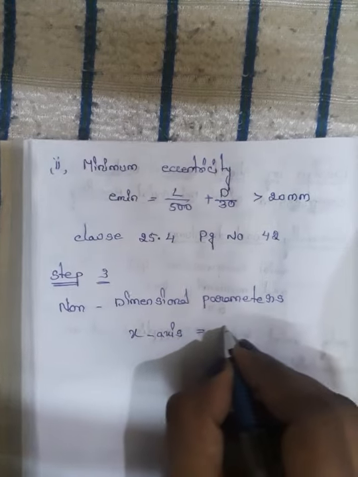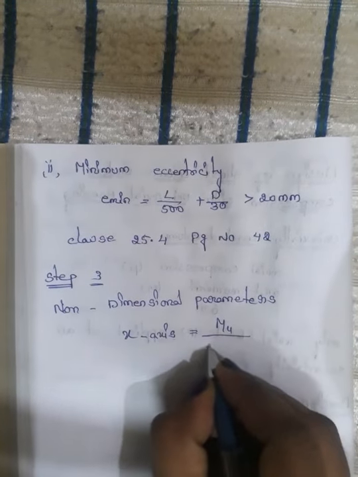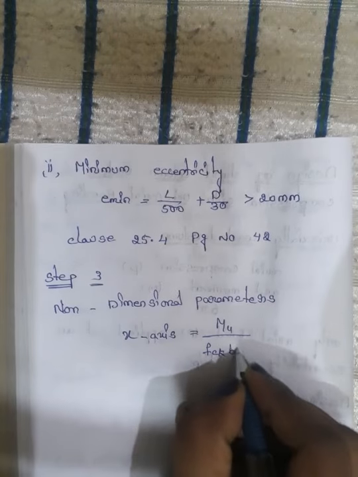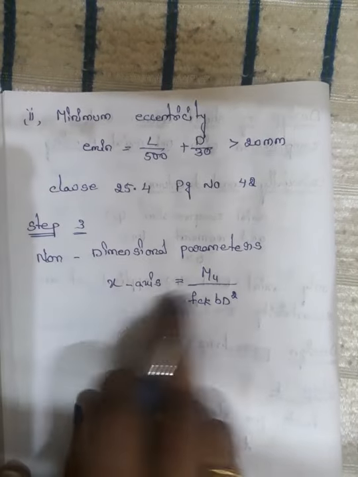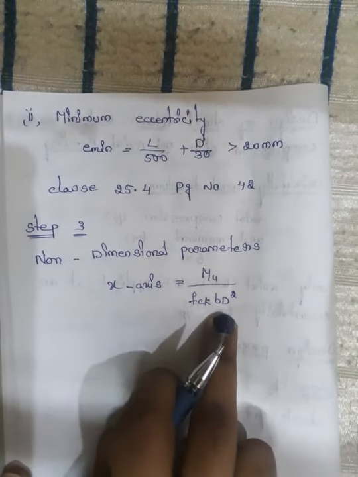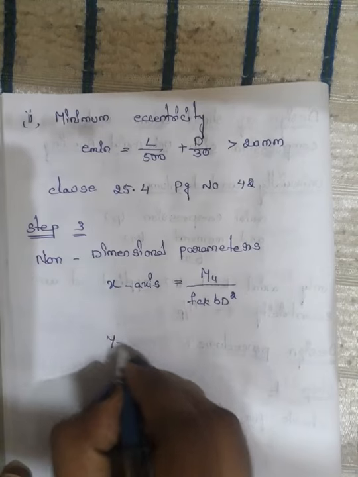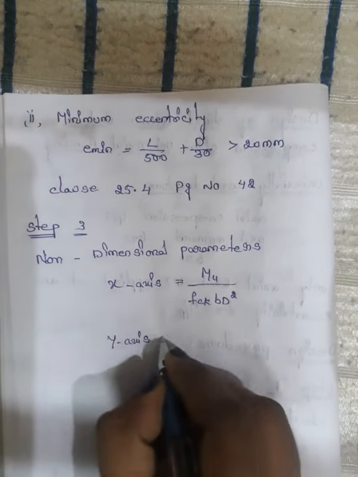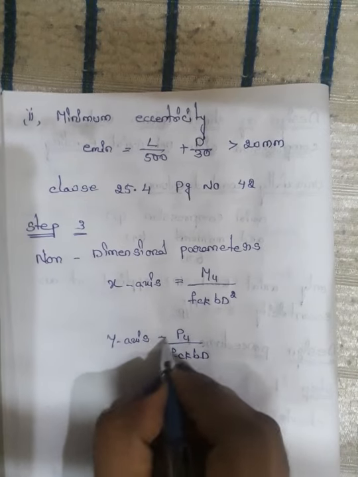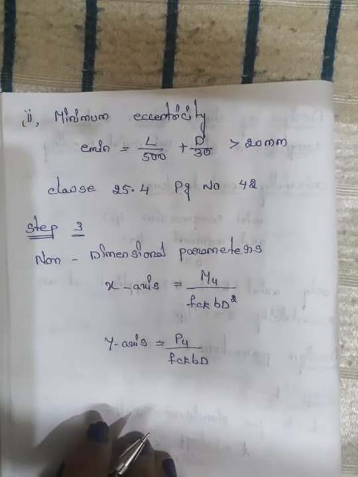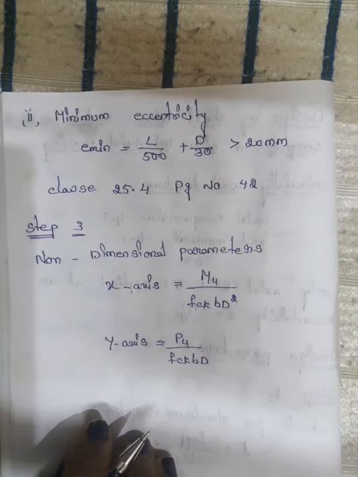So if you open the SP16 codebook, in that you can see the charts. So from where we are going to take all these values? There, on the x-axis you can find the formula Mu by fck b D square, and on the y-axis Pu by fck b D. So the design charts are given in the form of interaction diagrams, in which Pu by fck b D versus Mu by fck b D square.